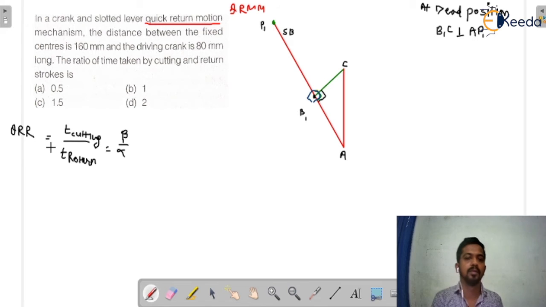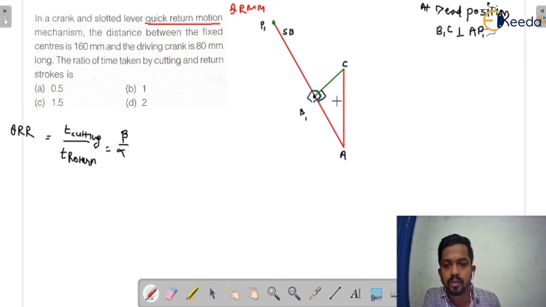So by default it wants you to find the quick return ratio. We know that the time for the cutting stroke is more than the time for return, because we don't want to waste our time in the return process, because in the return process there is no cutting action. Only in the cutting stroke is there a cutting operation.